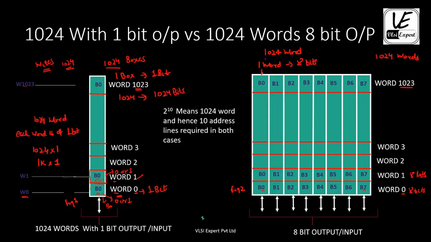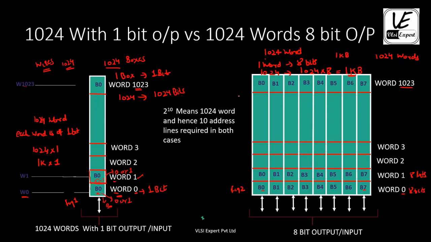So 1024 words will be holding 1024 multiplied by 8 bits, right? Make sense? Because I know that I can represent 1024 as K and 8 bits as a byte, I am saying that I have 1 kilobyte of memory here.